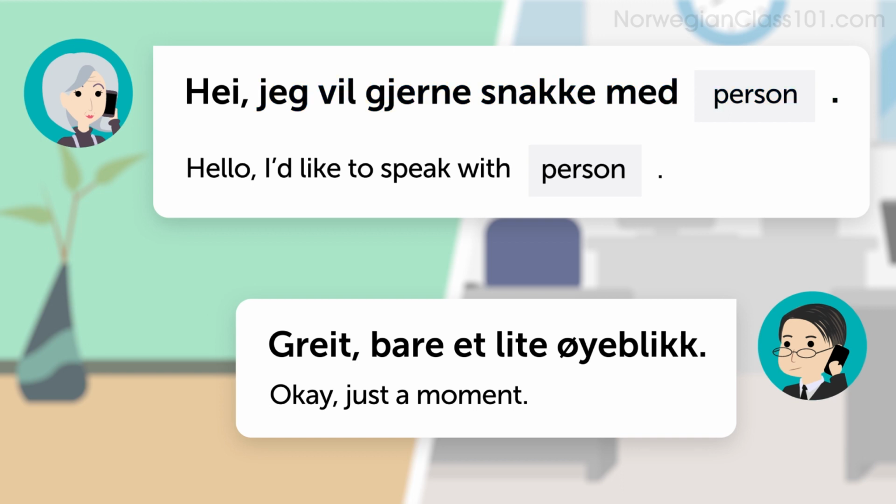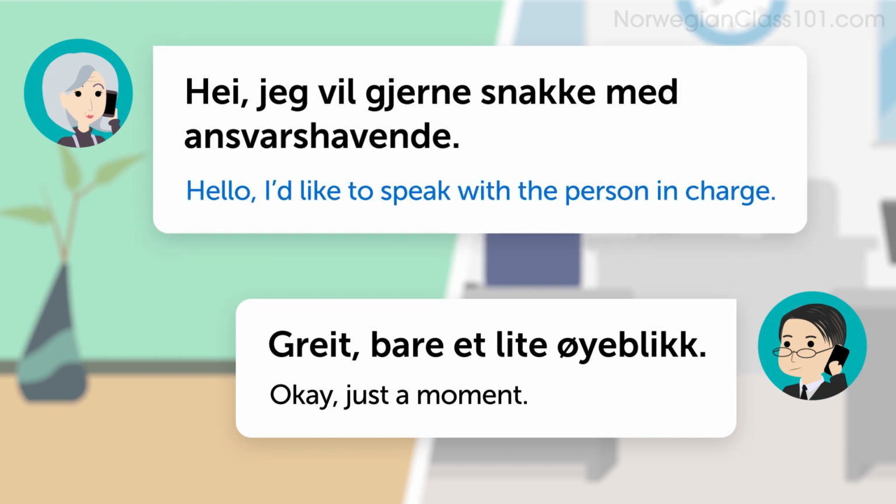This Norwegian sentence literally translates as, I would please speak with person, but it means, I'd like to speak with person. For example, hello, I'd like to speak with the person in charge. Hei, jeg vil gjerne snakke med ansvarshavende.